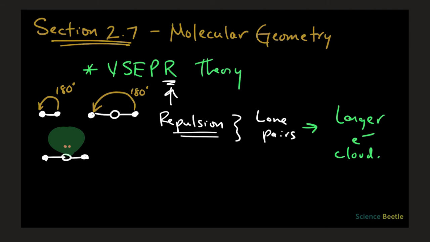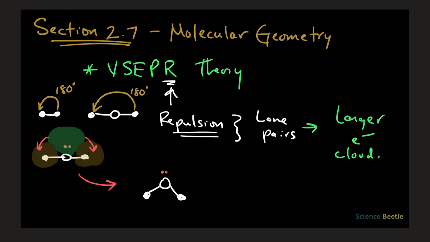When you consider the cloud already associated with each of the other atoms, you can see it's going to cause a little bit of repulsion. That's going to push down on these two bonds. Ultimately you wind up with a structure where you've got the center atom with the two atoms bonded downwards at an angle. That's the structure there.